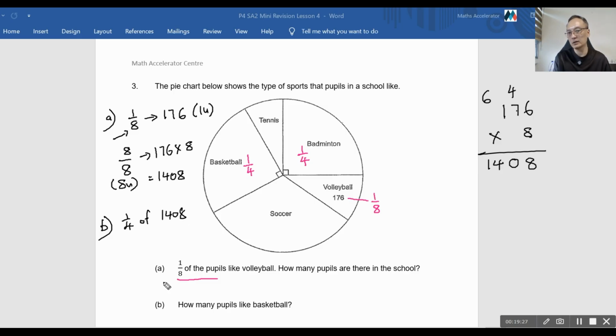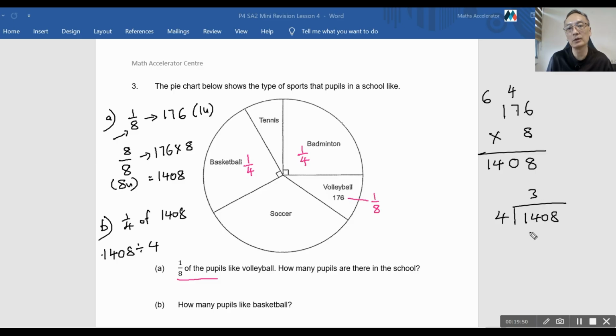I mentioned earlier in the previous question, there are 2 ways to solve this. The fastest way is, we know that if we're looking for 1/4 of 1408, that means we're looking for 1408 divided by 4, right? So straight away we can do our division. 1408 divided by 4.